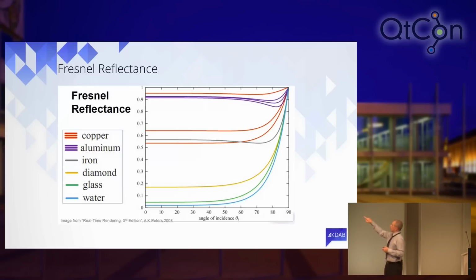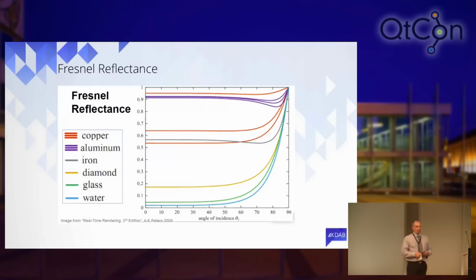They just start at a different value on the left-hand side there at 0 degrees. Now, some of those materials, like aluminium and copper, actually behave differently for the red, green, and blue channels that we represent them with. So that's why they have 3 lines rather than 1. So metals can sometimes have a colored specular reflection. Non-metals, insulators, dielectrics, tend to have monochrome reflections.